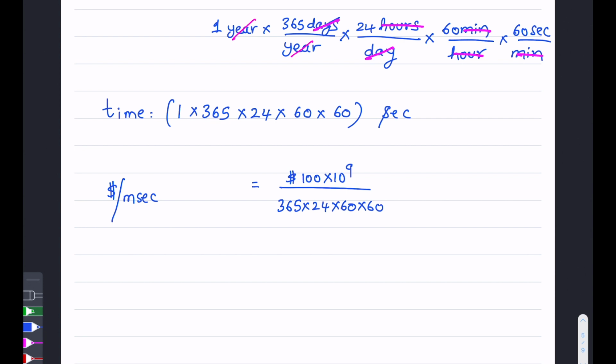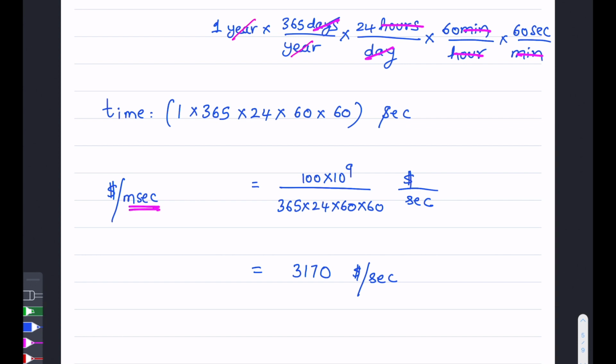The units are dollars per second. You can plug this into the calculator, and this comes out to be 3170 dollars per second.